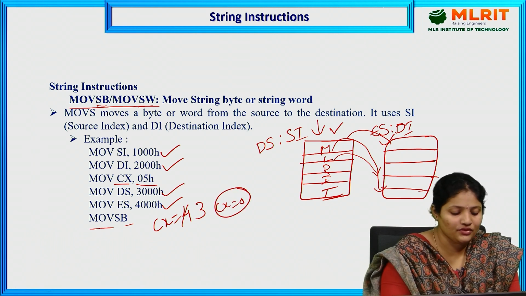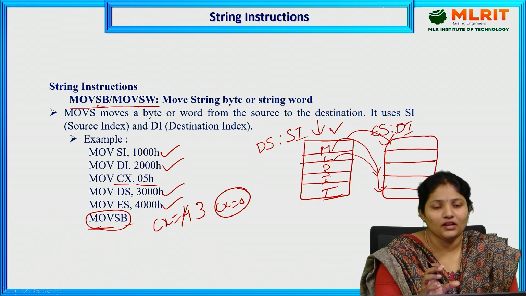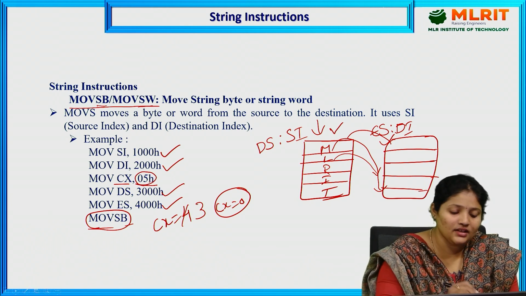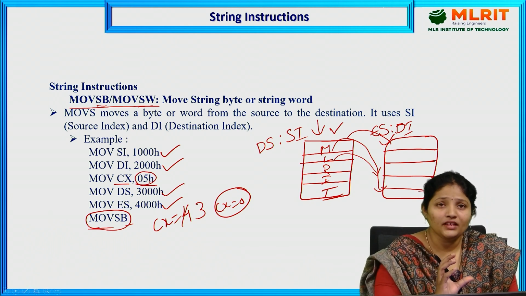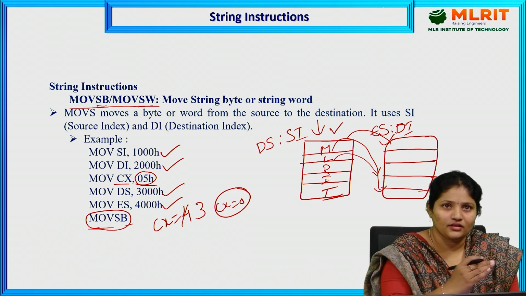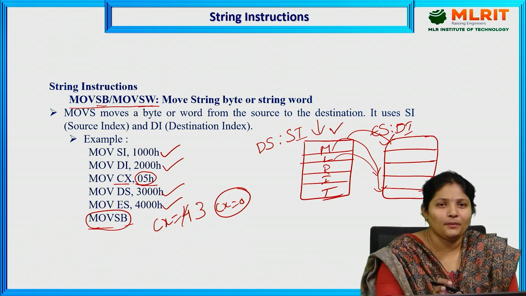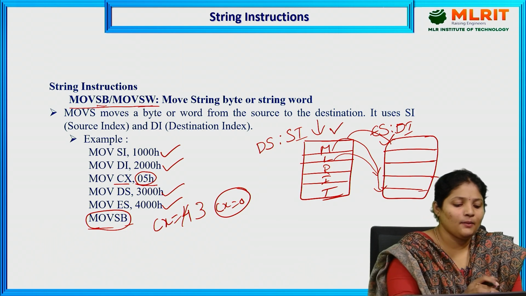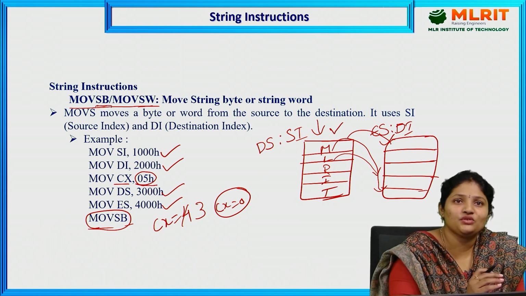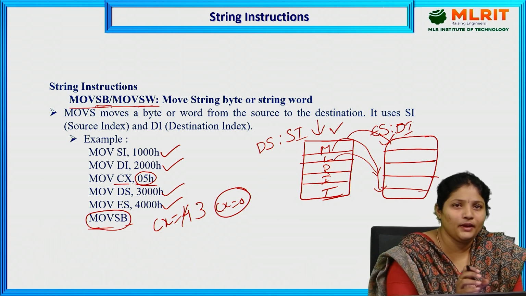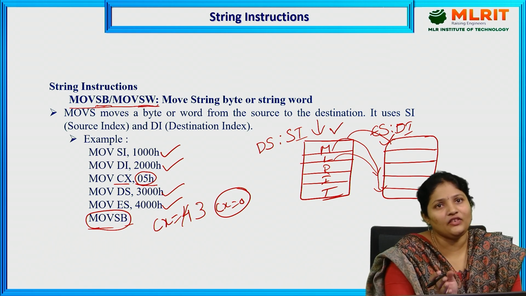I have mentioned the CX register as 5, so 5 bytes of strings present in one memory will be copied to the other memory location. If I mention SB, then a string byte will be moved. If I mention SW, then a word, 4 bytes of data, will get moved.